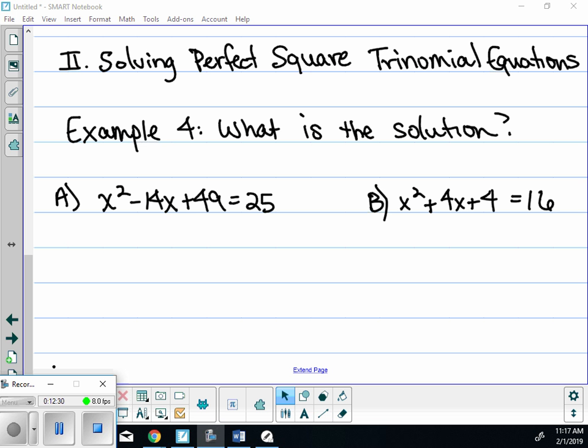So if you look at x squared minus 14x plus 49, our really only method right now for solving a quadratic equation like this is to try to factor it. So we are going to try to factor this.